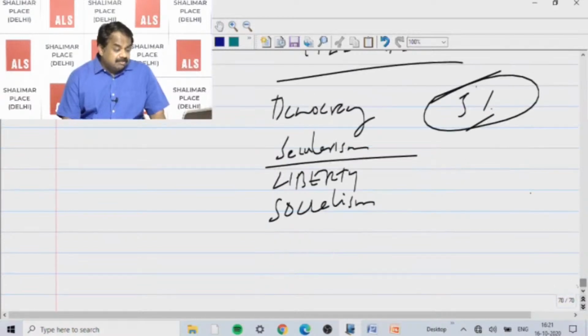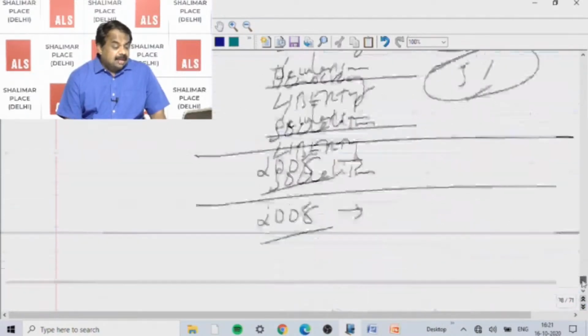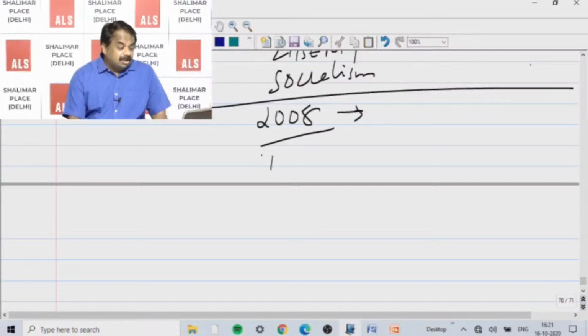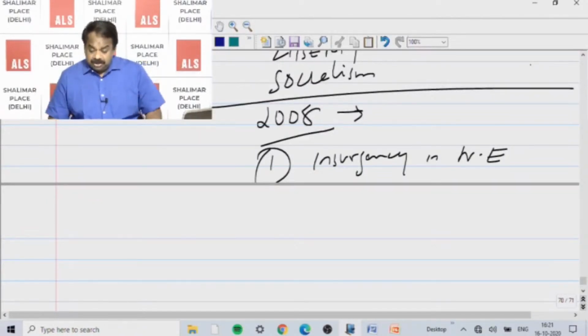India-Bangladesh relations have definitely improved, since 2008 we can say, in a big way. It has helped tremendously, number one, in controlling insurgency in the Northeast, because of the complete stoppage of the support.